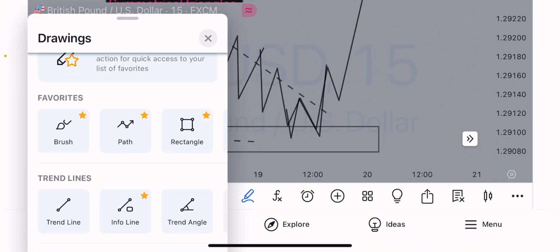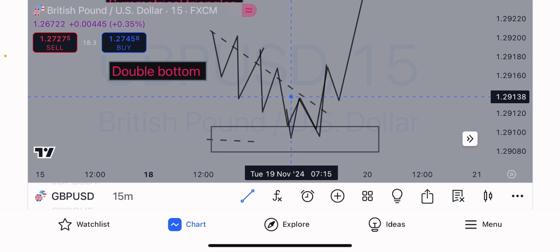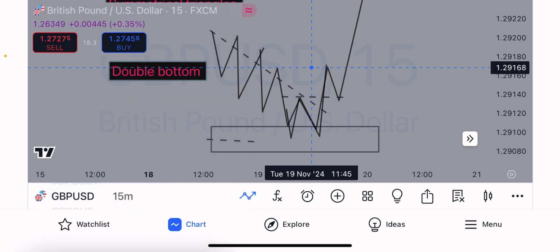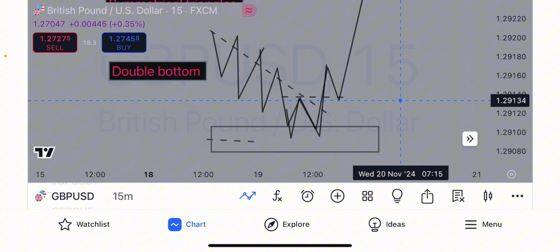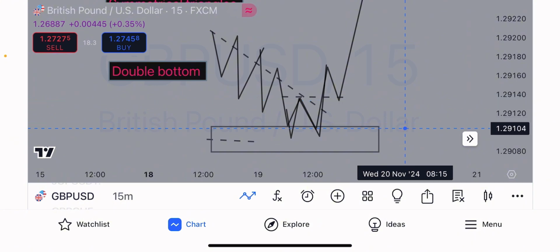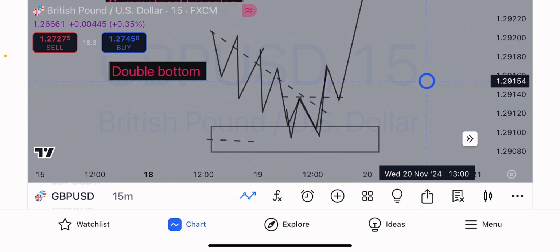This is what we call the neckline. This point is called the neckline, right? It breaks out of the neckline, gives a clear retest, and boom, you can start buying off that demand zone, as easy as that.